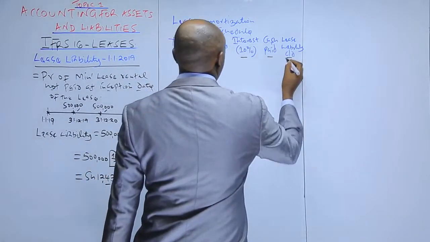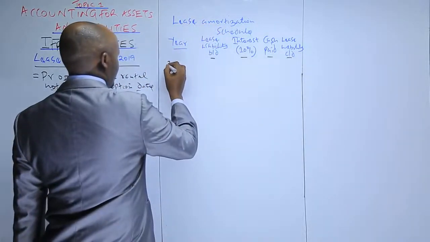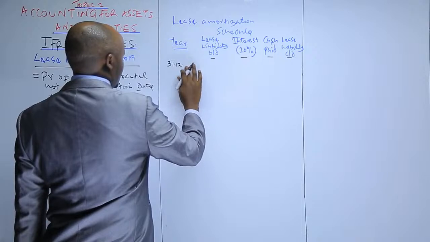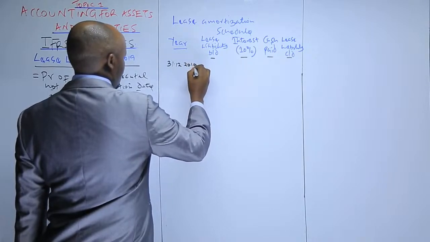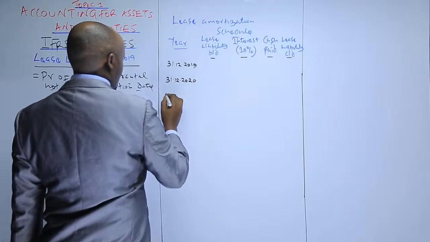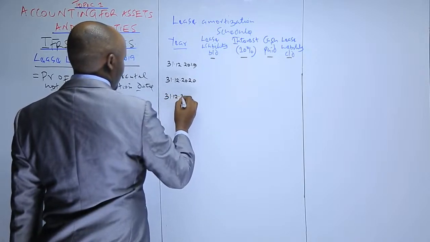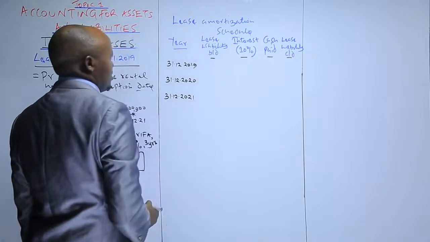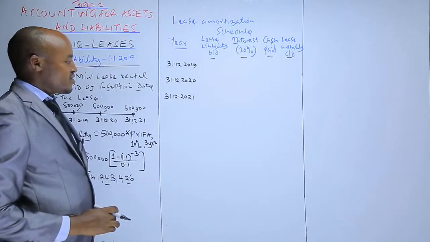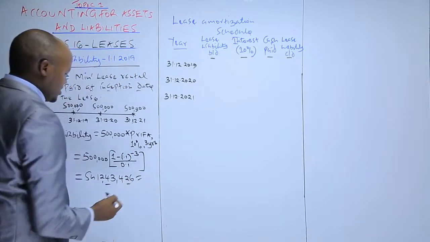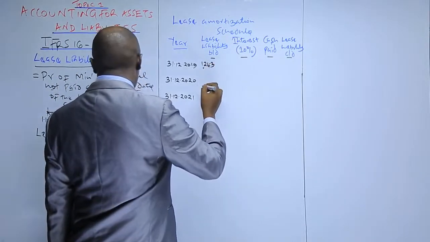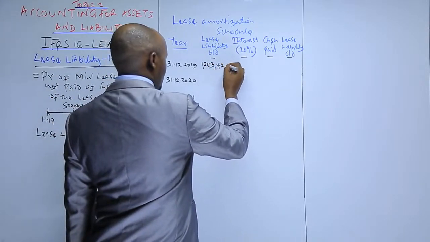In our case, the first year ended on 31st December 2019, the other year ended on 31st of December 2020, and the other year ended on 31st of December 2021. So what is the lease liability at the start of year 1? It is what you have determined there, the amount of 1,243,426.